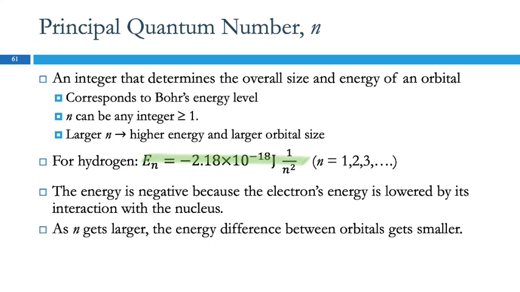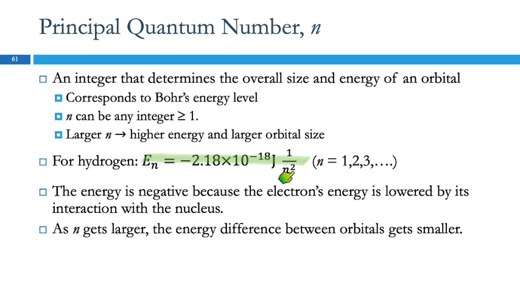The energy here is negative because the electron's energy is lowered by its interaction with the nucleus. The closer the electron gets to the nucleus, the lower its energy is. It's a negative number. Okay?